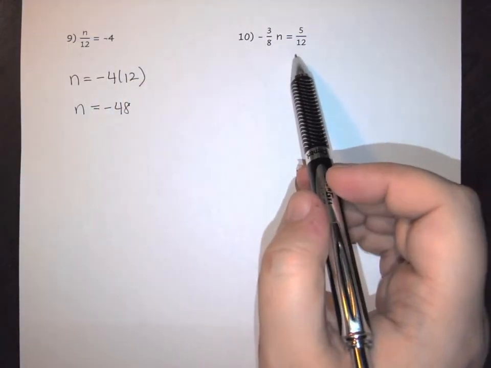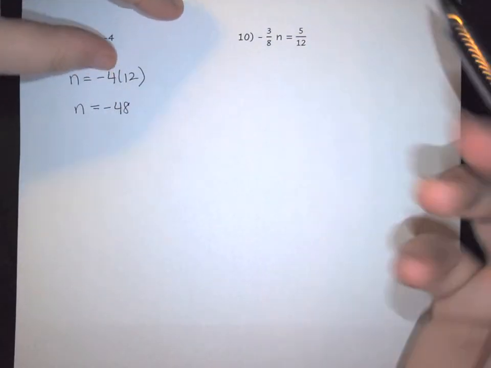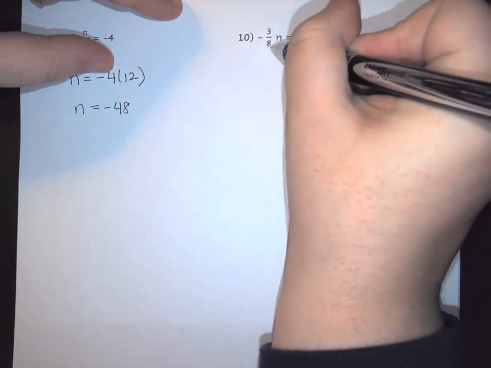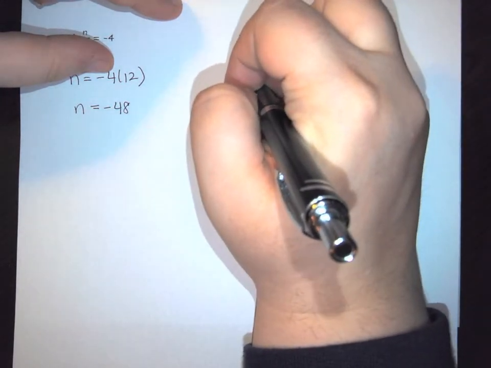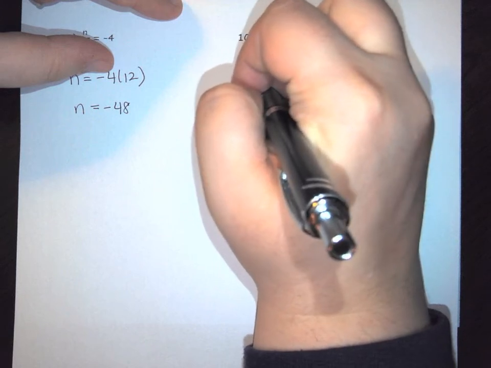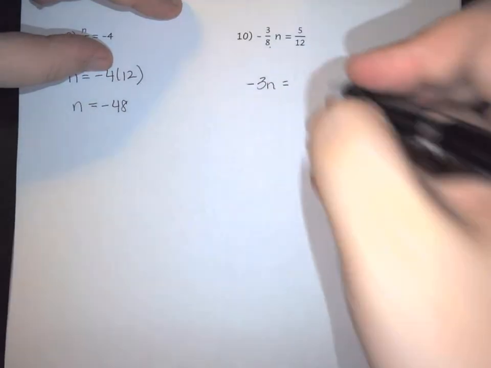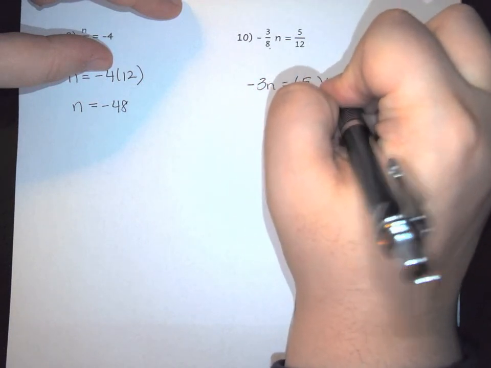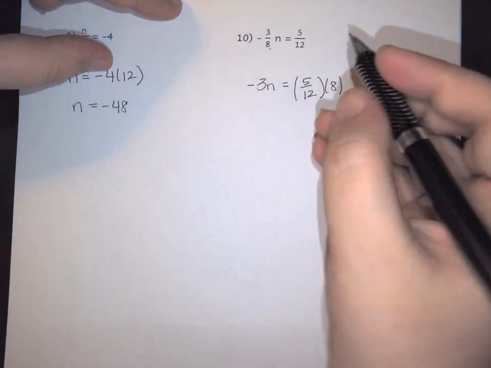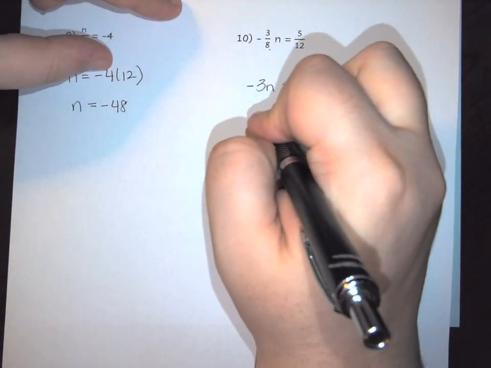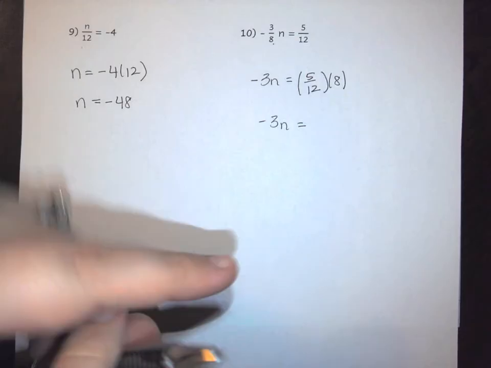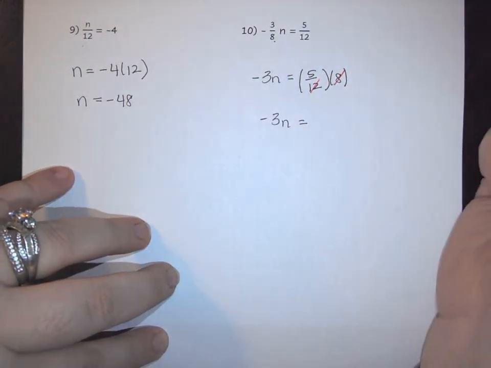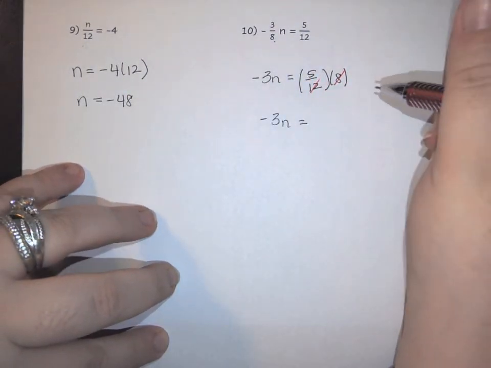Last but not least, I have this over here, and so I have to again multiply. I'm going to take the 8 on the bottom and multiply. So this is going to be negative 3n is equal to my 5 over 12 times 8. We can go ahead and simplify that. I have 12 and 8 which have something in common.